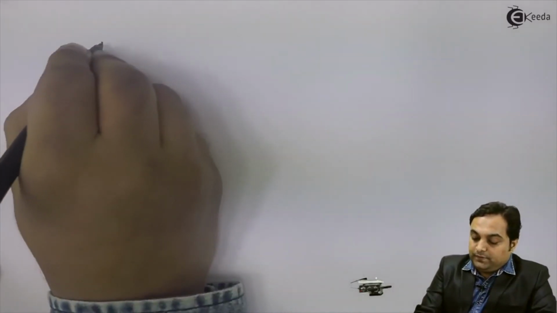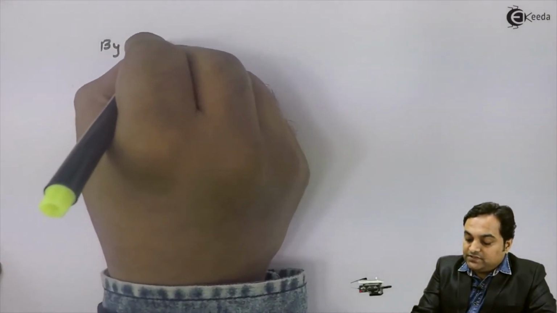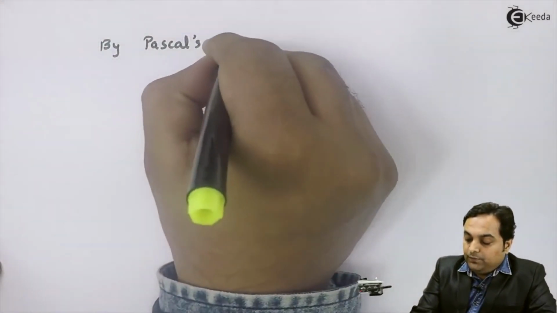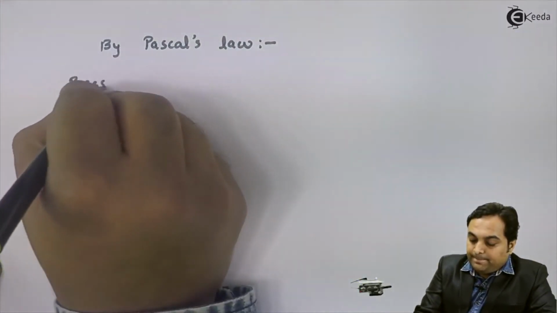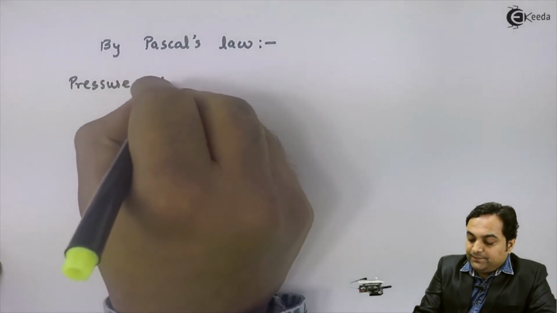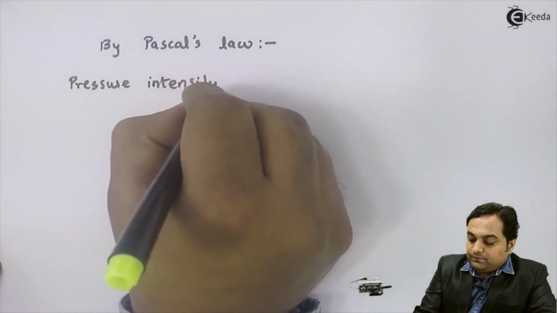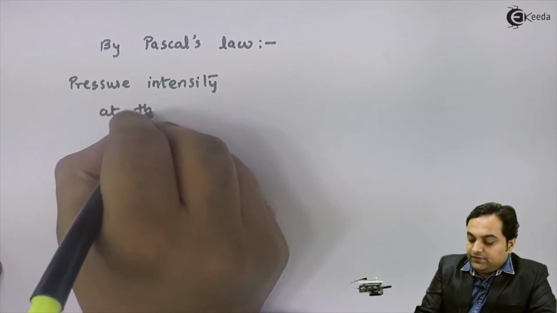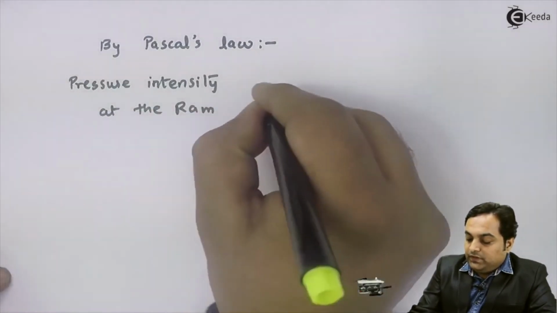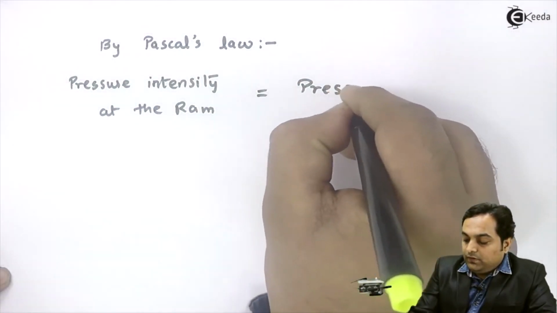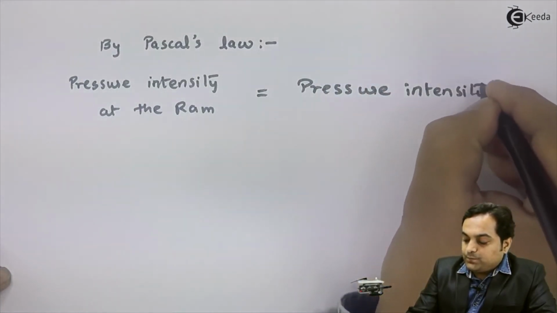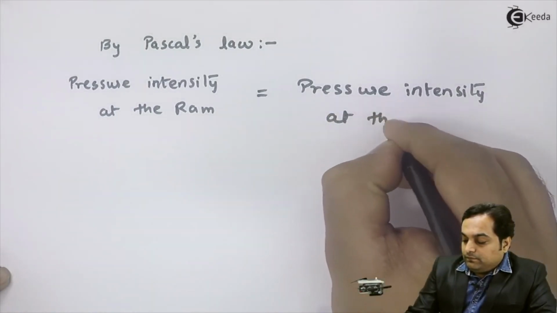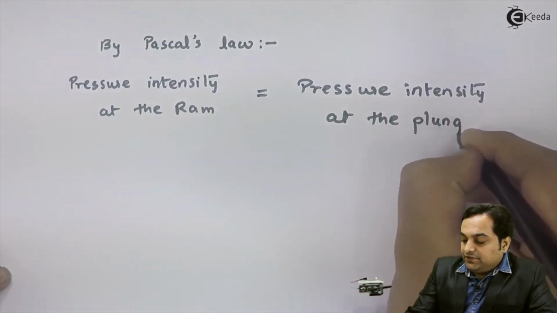I'll say that by Pascal's law, pressure intensity at the ram is equal to pressure intensity at the plunger.